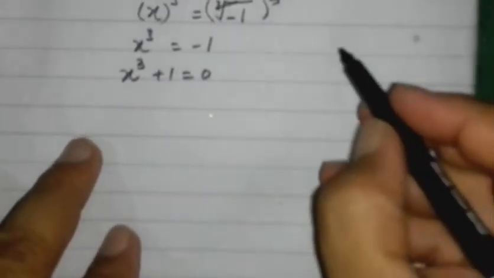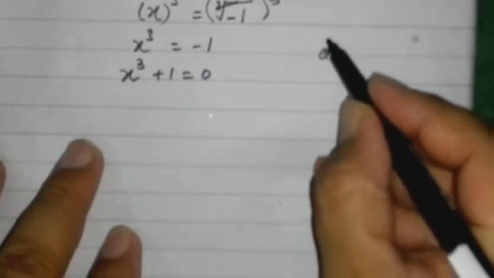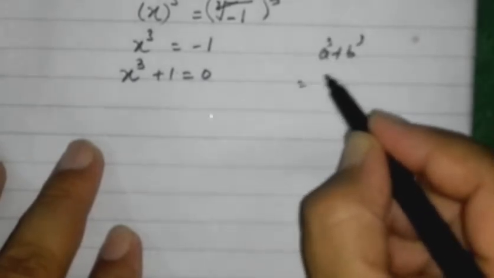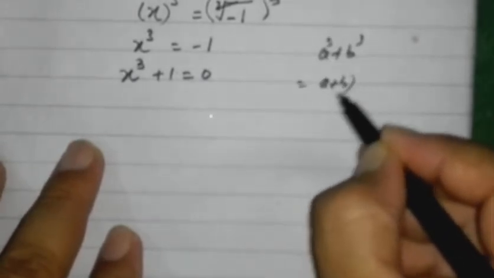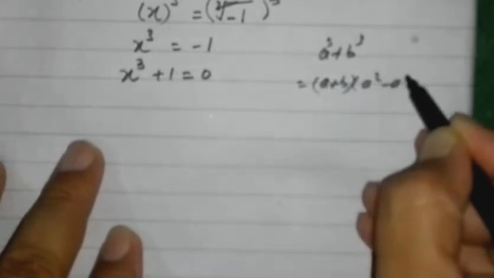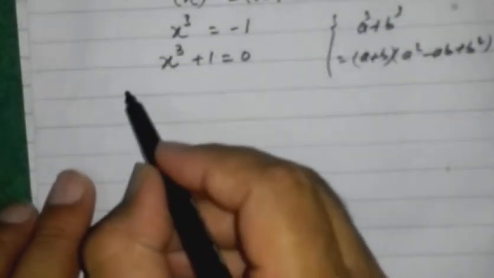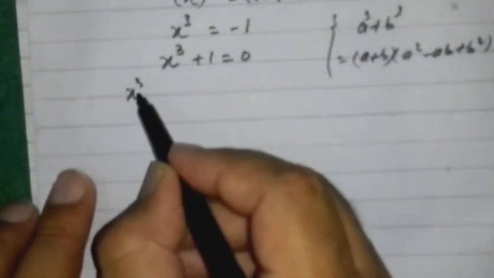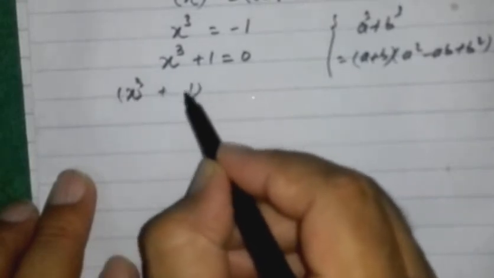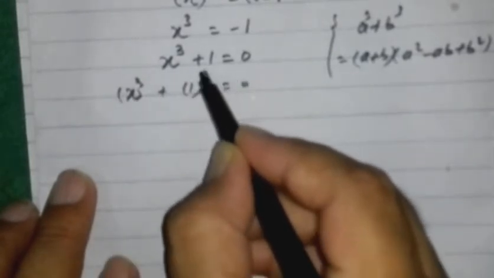Now if we remember, we have a formula that is a cube plus b cube equals (a plus b)(a square minus ab plus b square). So we will expand this. We can write it as x cube plus 1 cube equals 0.